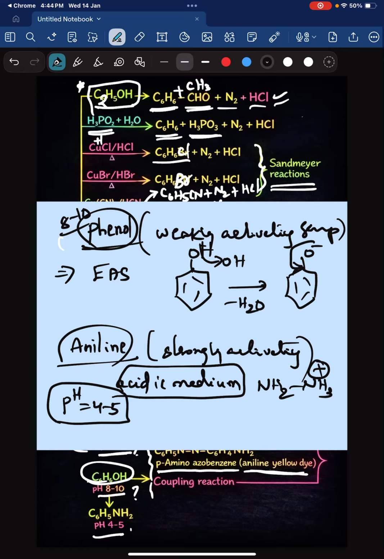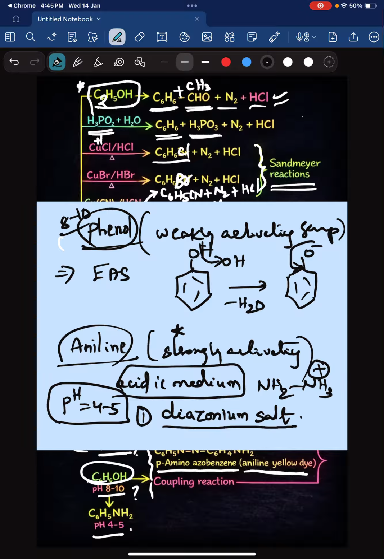The first thing is this pH is enough to stabilize diazonium salts, because in a strongly basic medium the diazonium salt is unstable.